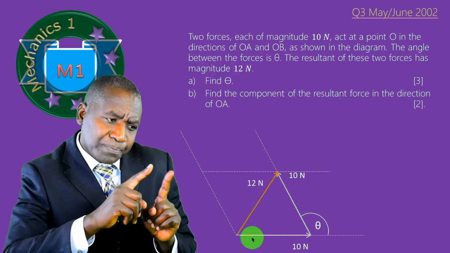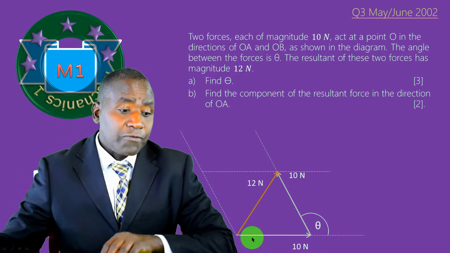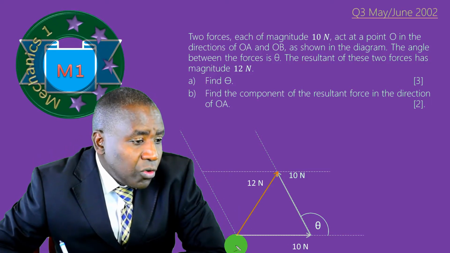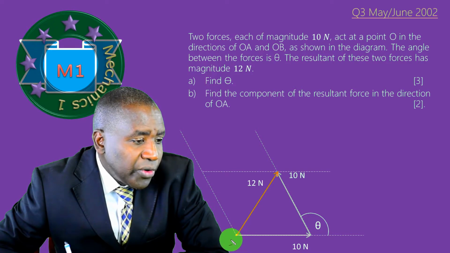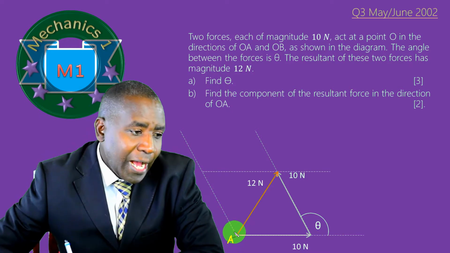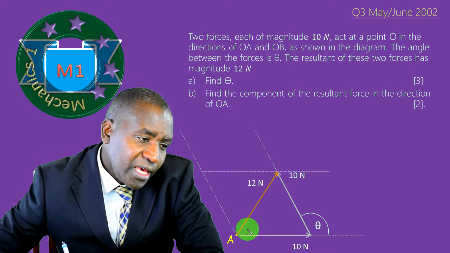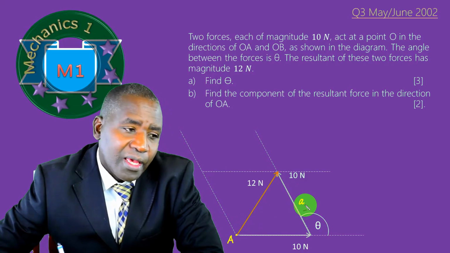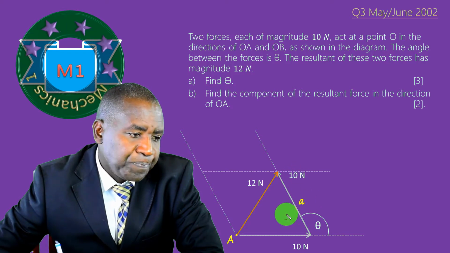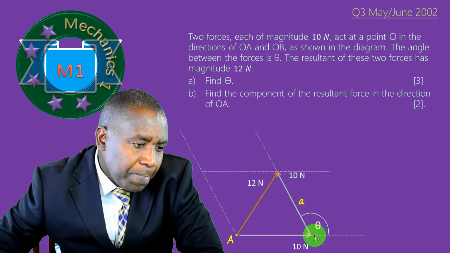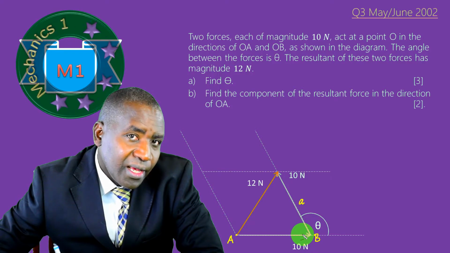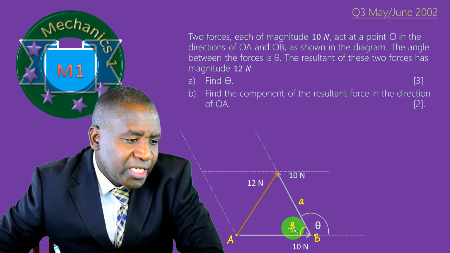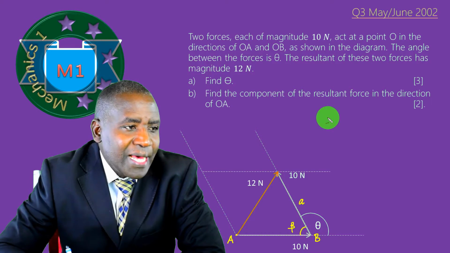When you look at this triangle, because now I've got a right-angled triangle, we can call this right-angled triangle, we can call this point A, and therefore this angle is A, and the opposite side to that angle, we give it the value A, and that value is 10 newtons. This is B, and this angle here, I'm going to call it angle beta, because I know beta plus theta will give me 180 degrees.